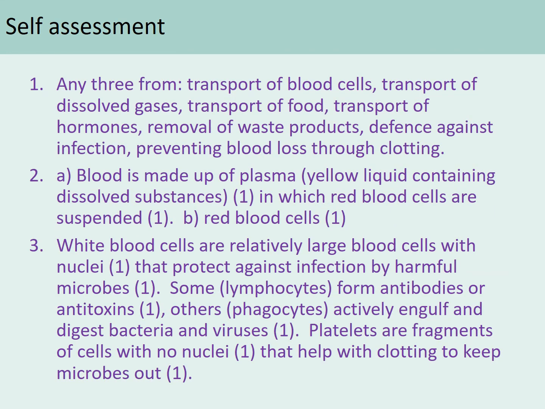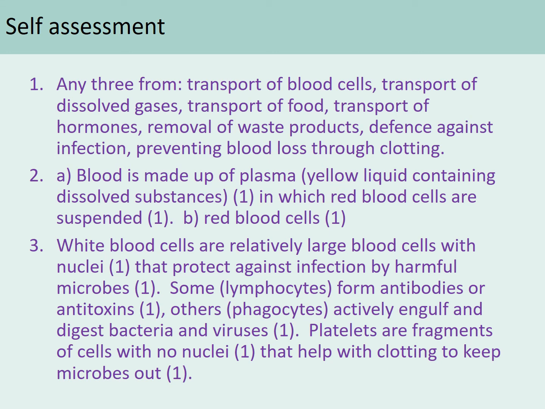So question 1 was state 3 functions of the blood. So here we've got a list of things that they do. So you need to pick out if you have mentioned any of these. So transport blood cells, transport gases or dissolved gases. You might have said transport carbon dioxide or transport oxygen, that's fine.